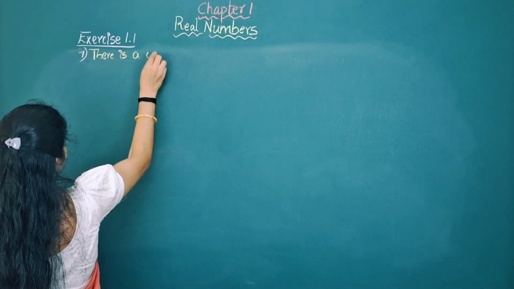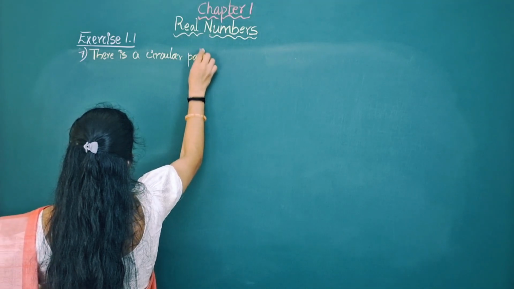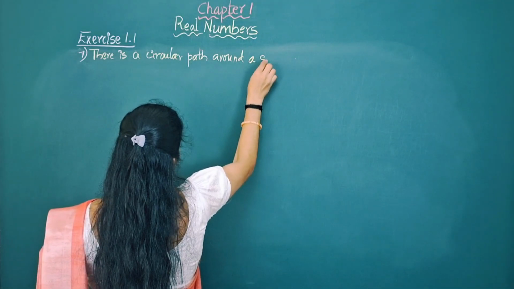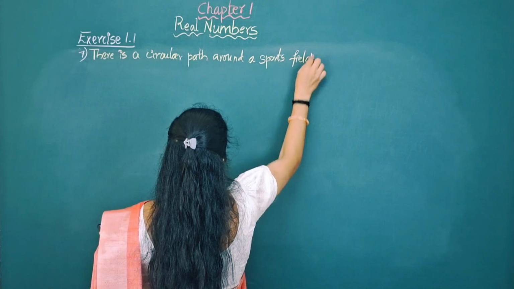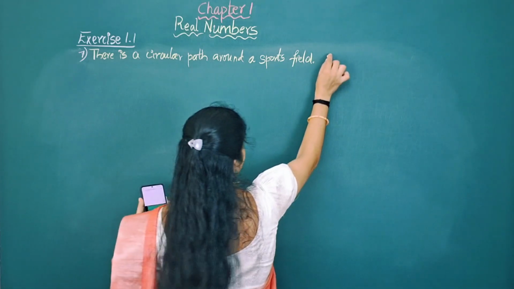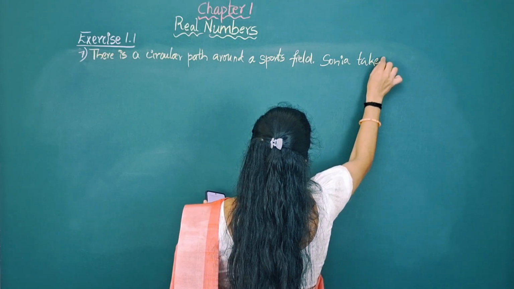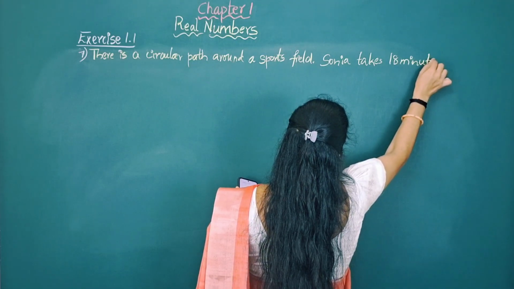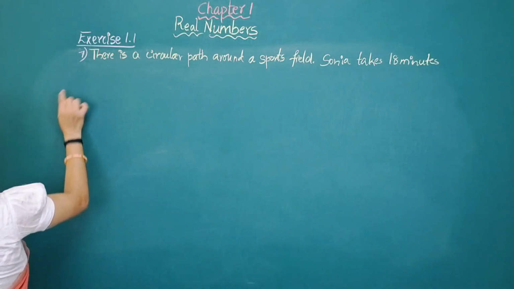Sonia takes 18 minutes to drive one round of the field.